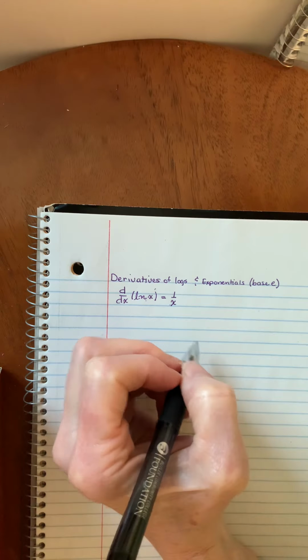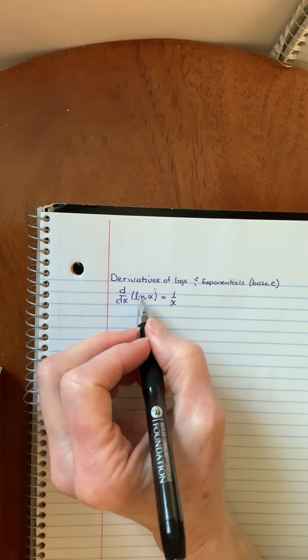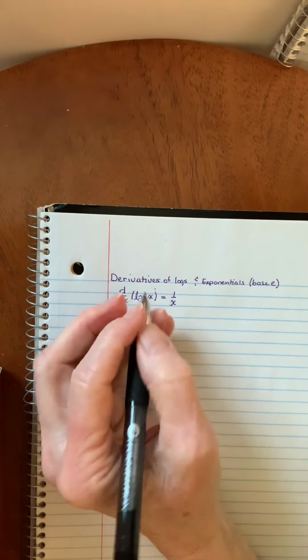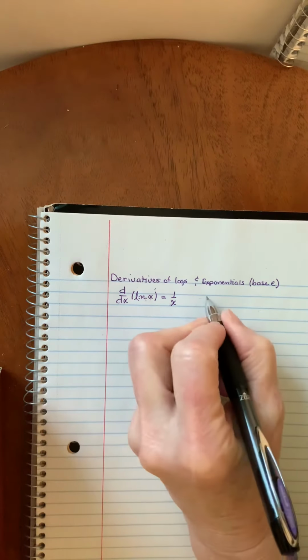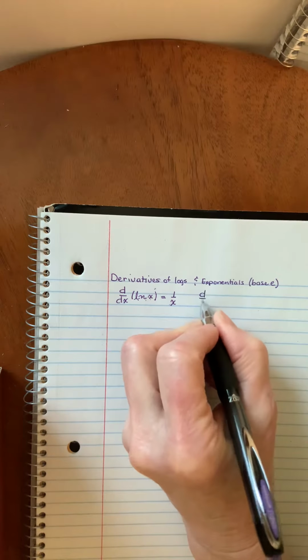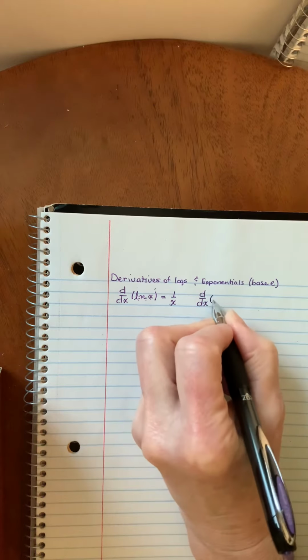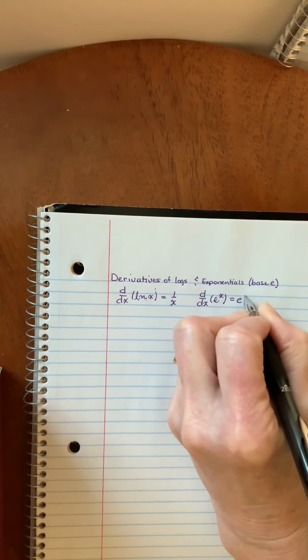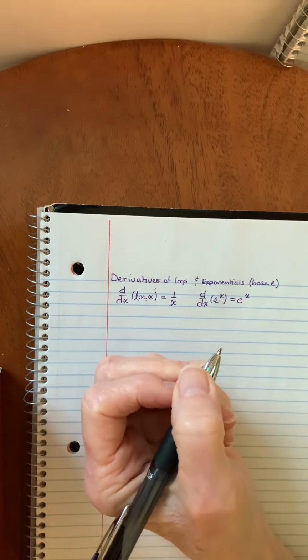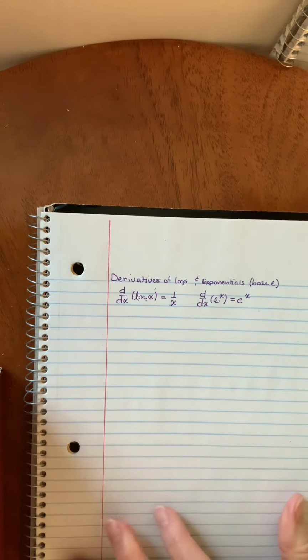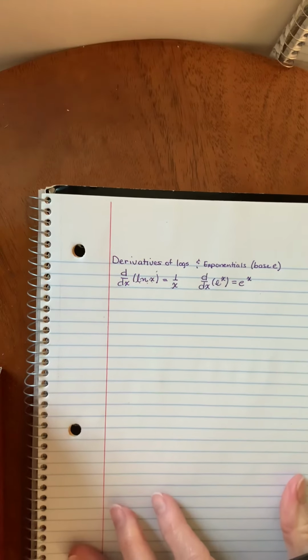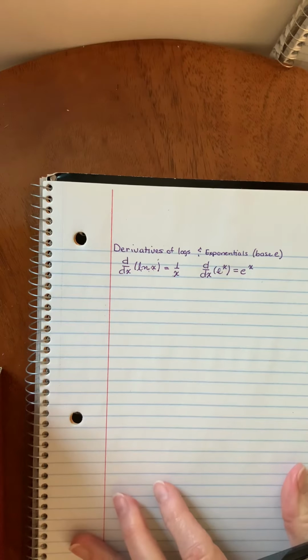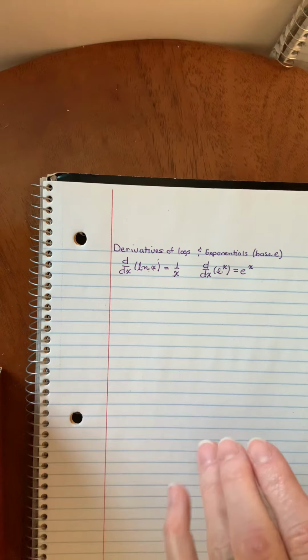So the derivative of the natural log of x is 1 over x. The derivative of e to the x is itself. Again, something kind of interesting. The only other function that has derivative equal to itself is 0. So we've got those two.